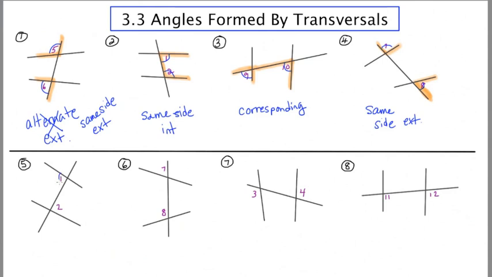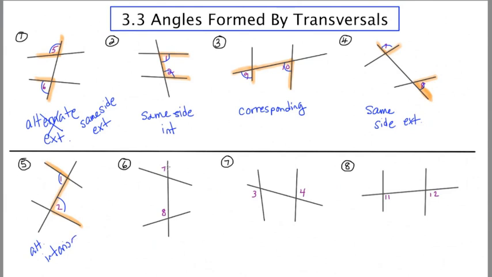Number 5, angle 1 and angle 2. Using my highlighter to shade, and what I see here is, is that a Z? Yeah, that's a Z. So Z is alternate interior angle. Alternate interior.